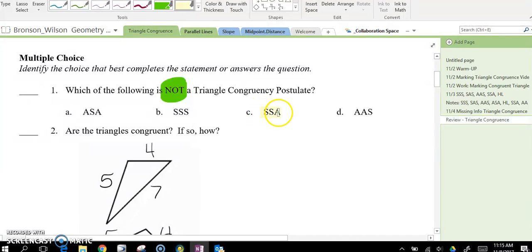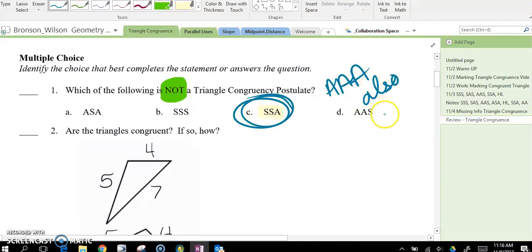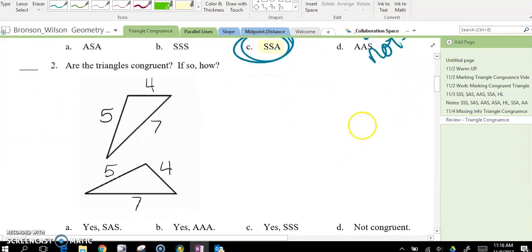No. No SSA or no ASS. Okay? And then AAA was the other one. So your answer for this one would be SSA. The other non-congruent one is AAA, is also not congruent. Okay? All right, moving on to number 2.